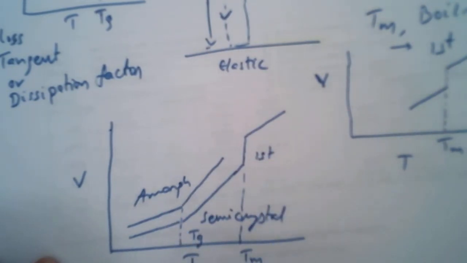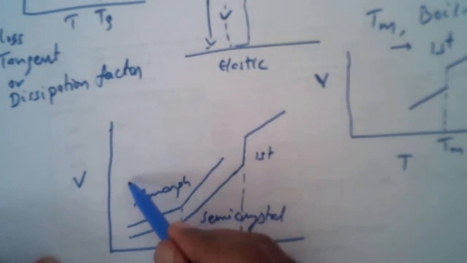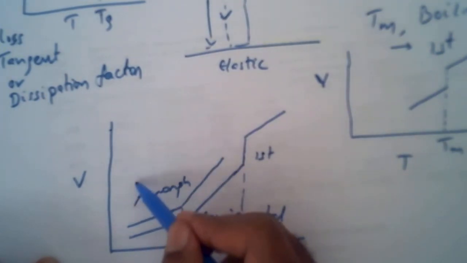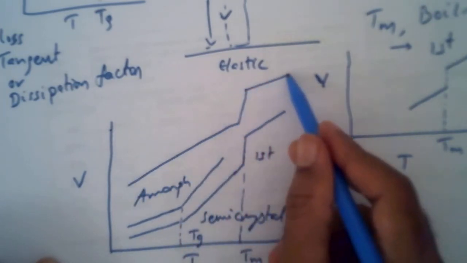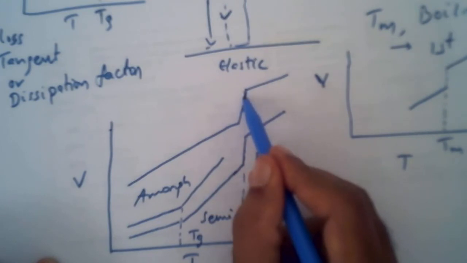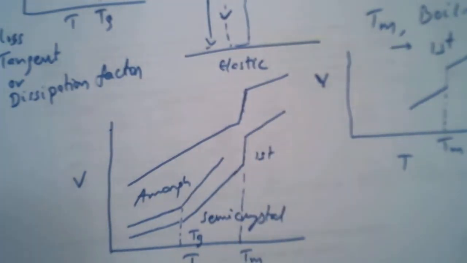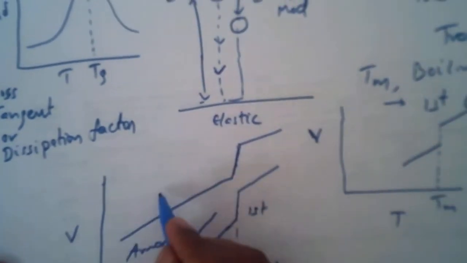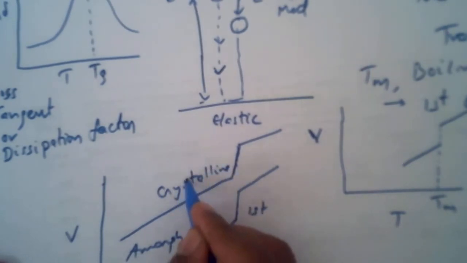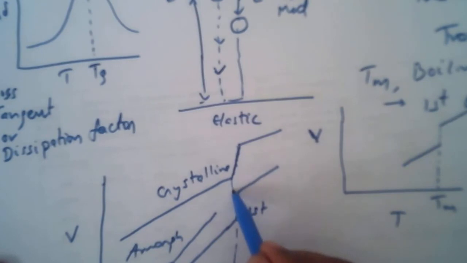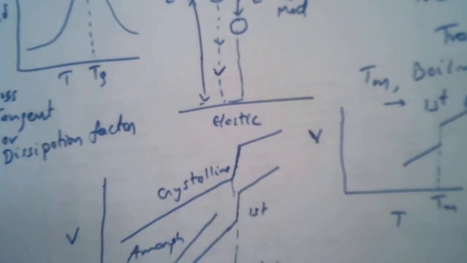And when you have a crystalline material which doesn't exhibit a Tg, it will look like this. Okay, so there will be a volume change. This is a crystalline material which only exhibits the melting temperature.